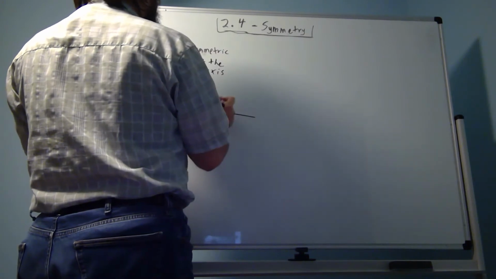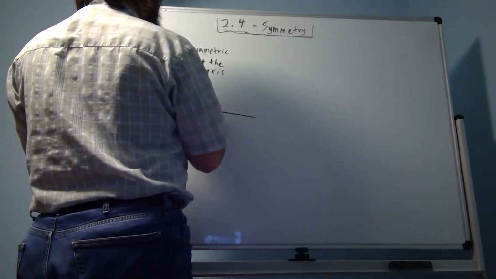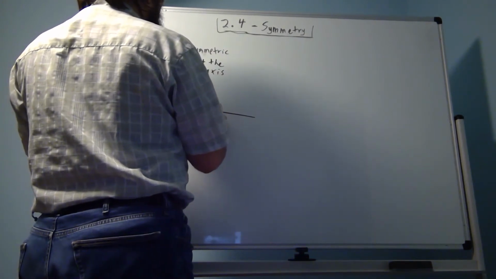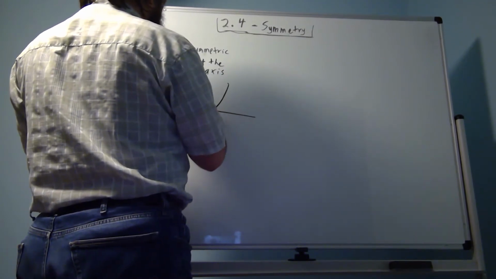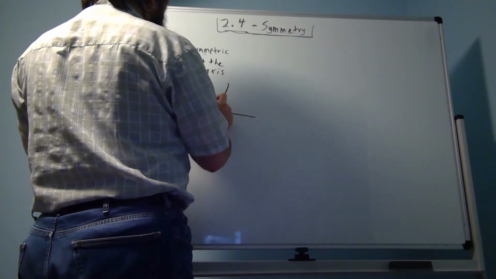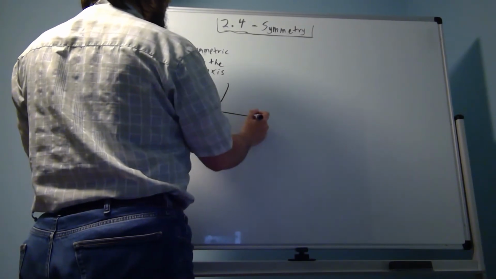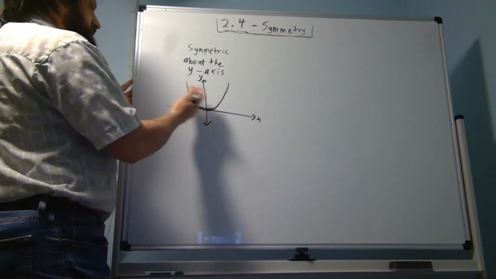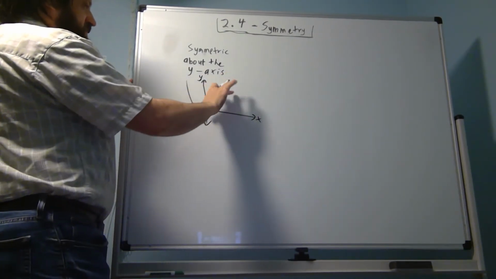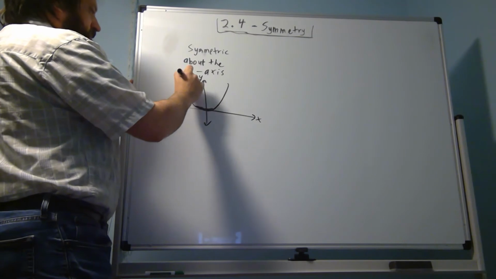So concept number one. One of our favorite examples of something like this is, well, here's the y-axis. Symmetric about the y-axis means that you can think of the y-axis as being a mirror, and whatever's on the right side is exactly the same as what you have on the left.